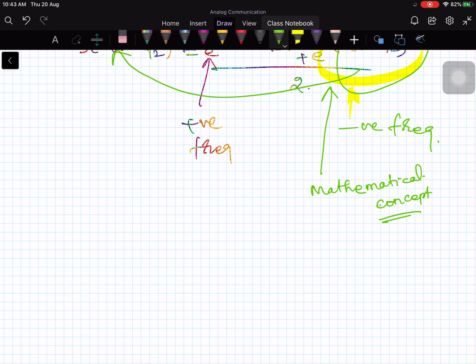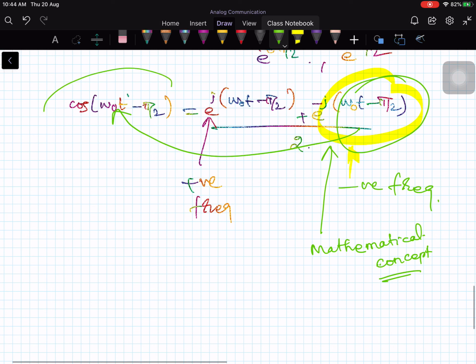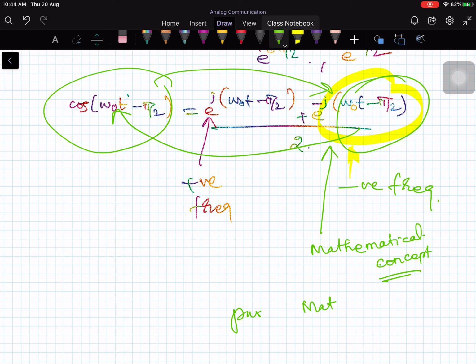So negative frequency components are always present in a real valued signal. Whenever you have a real valued signal, the negative frequency component is present. So that is a purely mathematical property. Let me write it out properly, because this sometimes keeps bothering you.